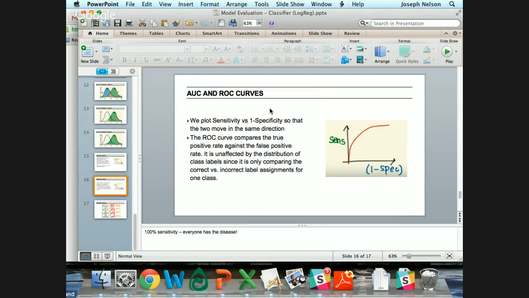And the area, the sensitivity and specificity trade-off is going to be high or low? What's that? I guess that's kind of a poor question. Yeah, so let me rephrase that. That was a poorly phrased question.